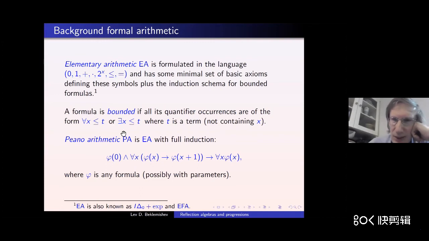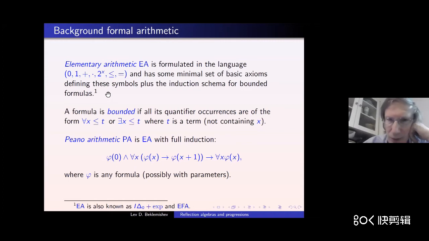This is the standard signature of formal arithmetic, extended for convenience by exponentiation, which allows us to overcome initial difficulties of coding. This language has an obvious interpretation in natural numbers, and that's the standard model of arithmetic.